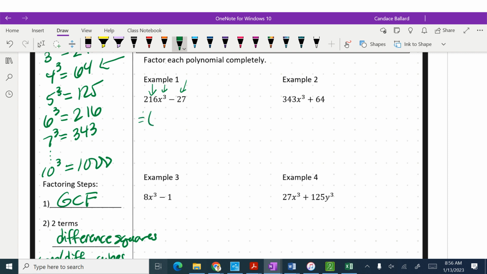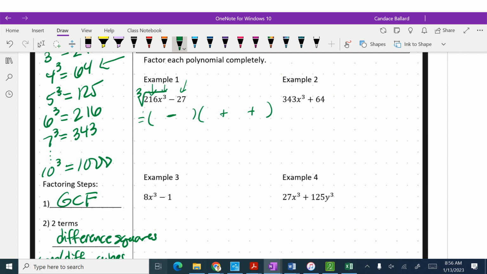So I'm going to write a binomial times a trinomial. Do you see how we started with a negative sign? That's the first sign I put in. And then I follow my pattern. What were my next 2 signs supposed to be? Plus, plus. Good. I'm going to take the cubed root of this, so use the sign if you need the help.